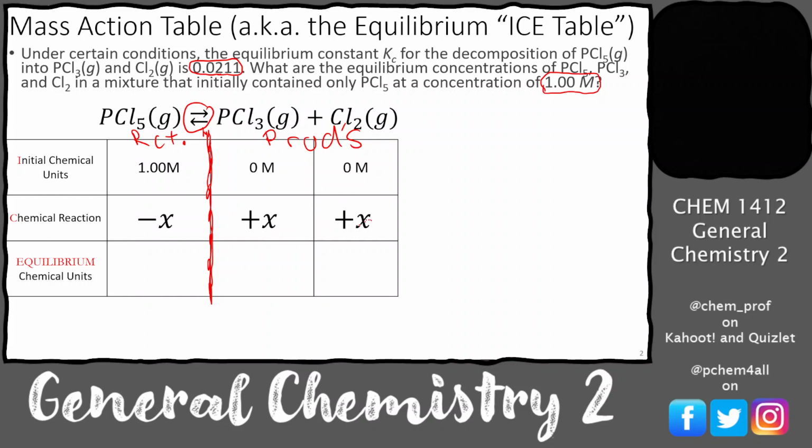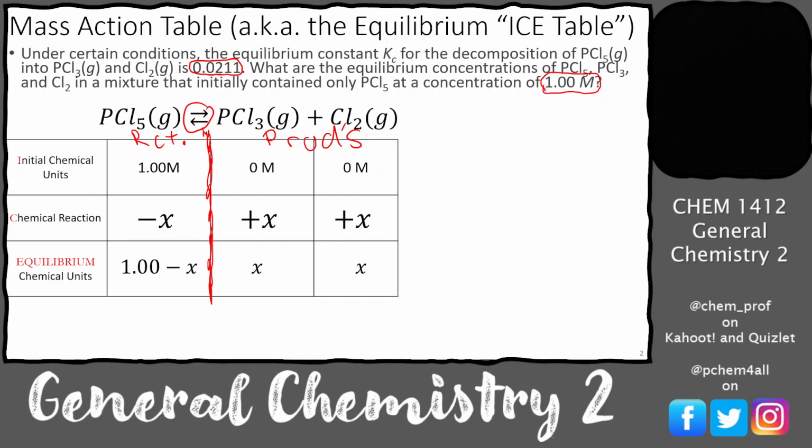That's where we have the plus X and so on. Then we get to the equilibrium row, and so we have the equilibrium concentration: 1 molar minus X is the equilibrium concentration of the PCl5. And anything added to 0 is going to be that thing, so we have plus X in terms of our products.